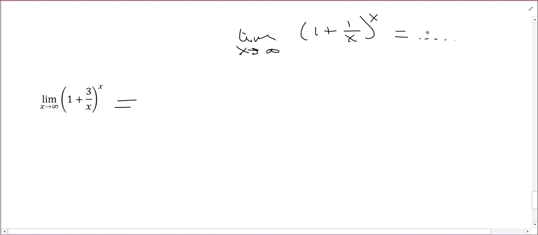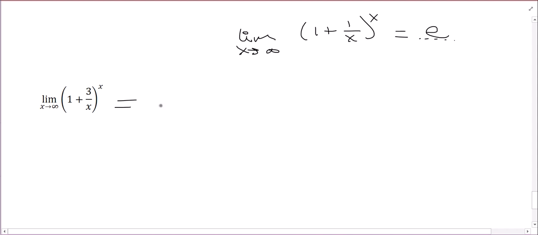What was it? It was e. And so here, what is this limit? Notice that it looks very similar. So my question to you is, can you go back to that video or look at your notes? Can you recreate the steps for this problem?